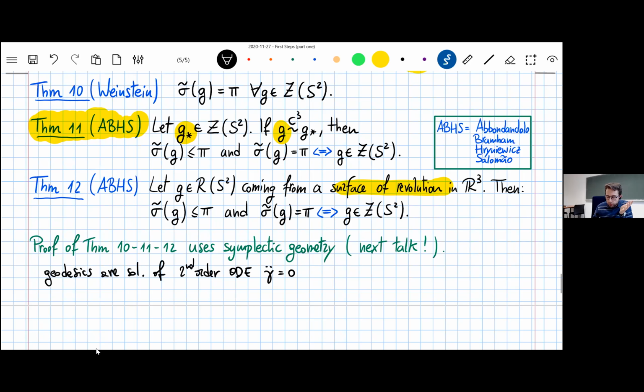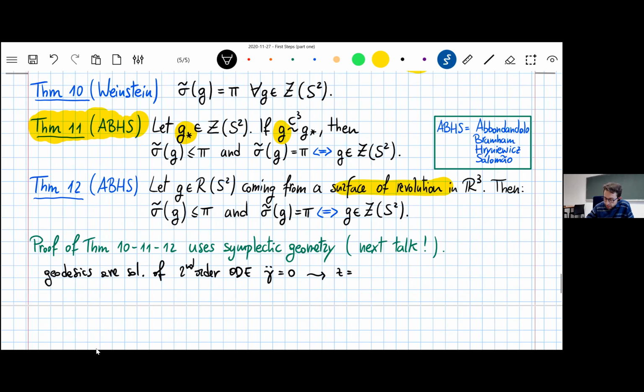Now you know from a class in differential equations that you can always pass to a first order differential equation by doubling the number of variables, by taking also the velocity into account.